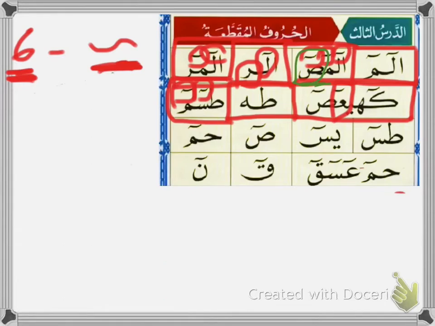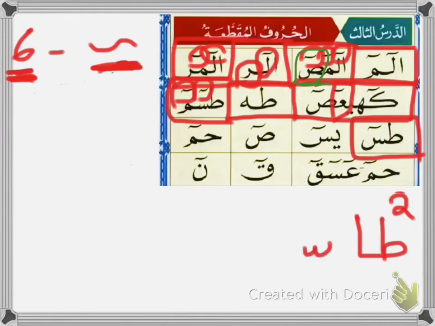Next one is this one. We have ta, which is two sounds, the length of the mud, and then we have the sin. We have the sign that tells us we have to make it 6, so it's ta, sin.